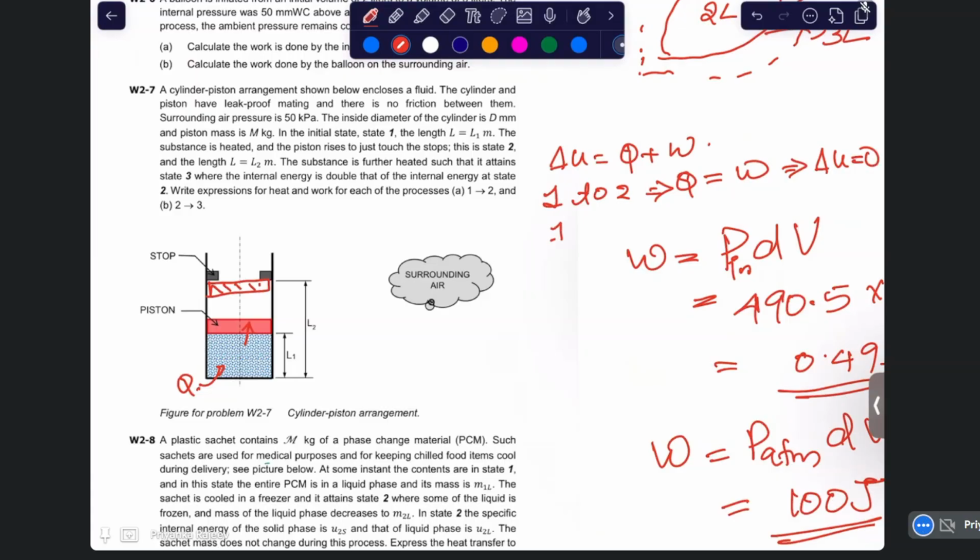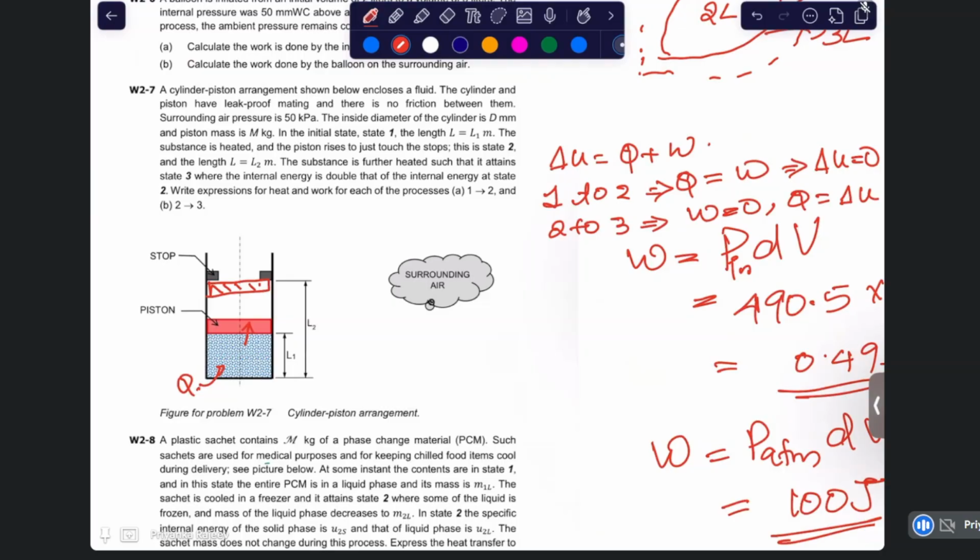But from 2 to 3, W is 0 because of the stopper. So whatever Q is given goes to delta U. Internal energy was changing and it became double the initial one. Now we have to find the equations for this.